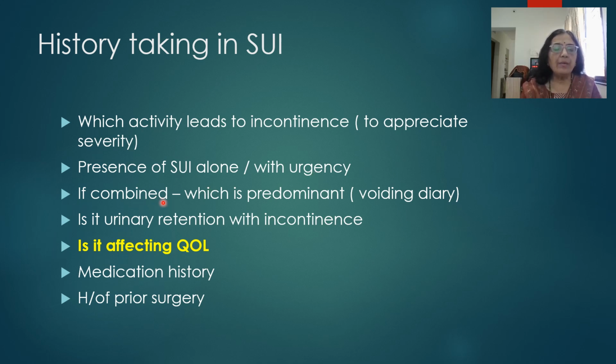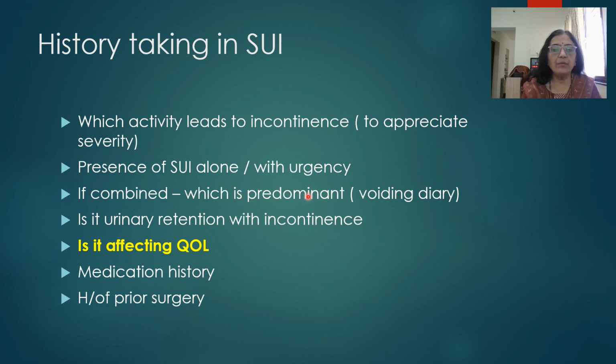If it is a combined type of incontinence, that means the patient has incontinence with raised intra-abdominal pressure as well as a feeling of urgency, then we need to ascertain which is predominant.